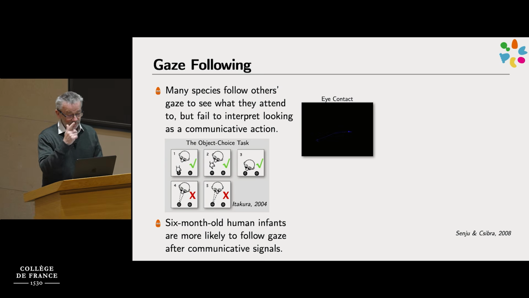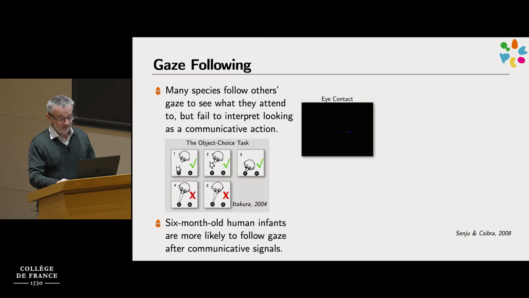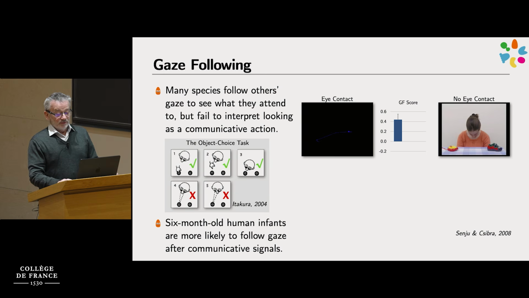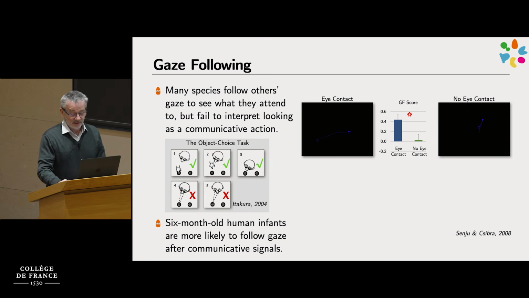What you see there, the blue dots, is the actual gaze pattern of a single infant in a single trial. And in this case, they tend to follow the gaze. So the first look from the head to the object would go to the object that the person was looking at before. But if there's no eye contact, and the infant's attention is drawn to the head by some other kind of stimulus, then at least at this age, they hardly follow the gaze.